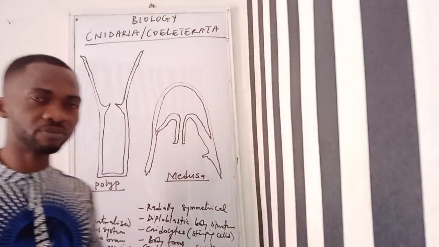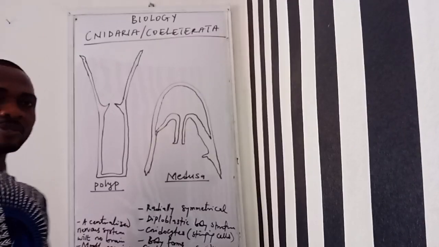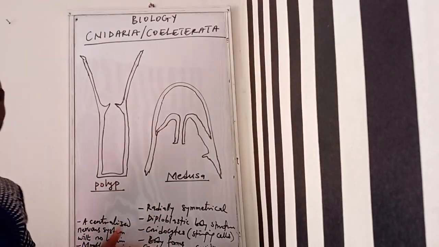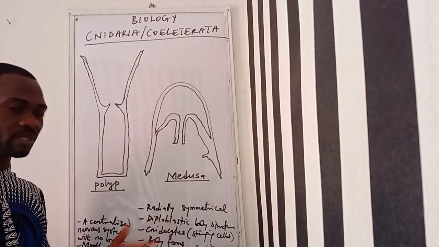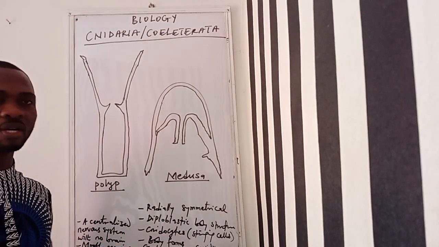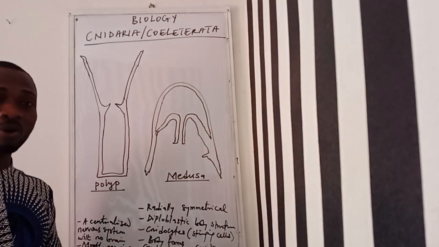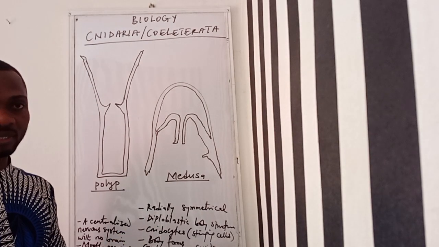Characteristics of members of this group. The first characteristic is that they are radially symmetrical. That means that their body can be divided into equal parts.